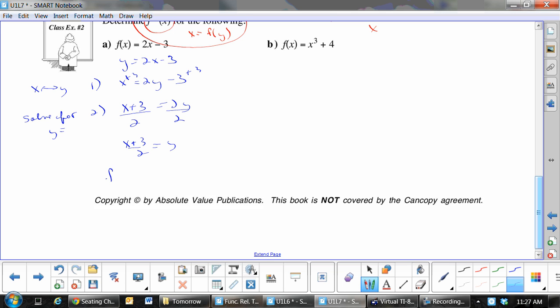So then this will be my final statement. F inverse of x equals x plus 3 over 2. Okay, so take f of x, change it to y, switch x and y, solve for y, and then change to f negative 1 of x.